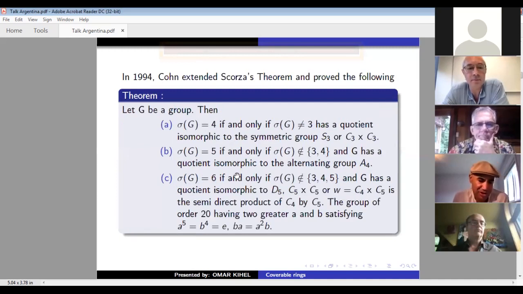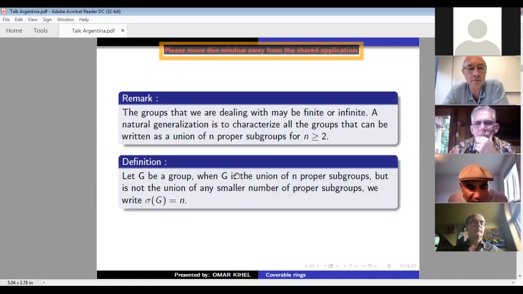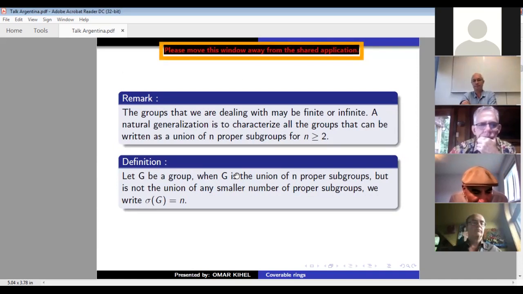Let me give a definition here. Let G be a group. If G is the union of n of its proper subgroups, but is not the union of any smaller number of proper subgroups, we write sigma of G equals n. So it is the minimum number of proper subgroups that are needed.